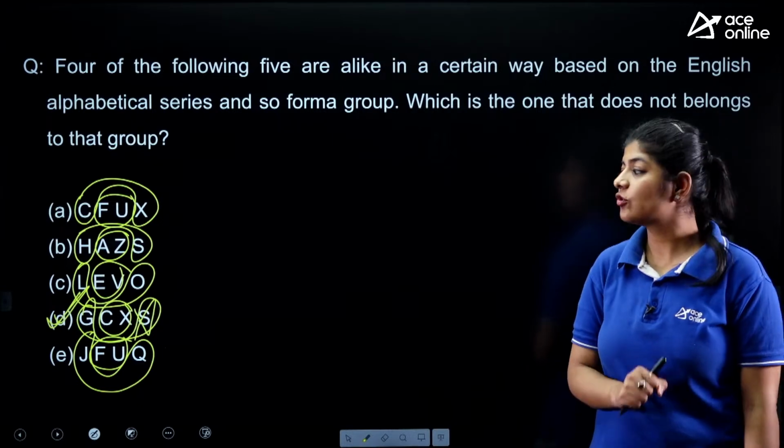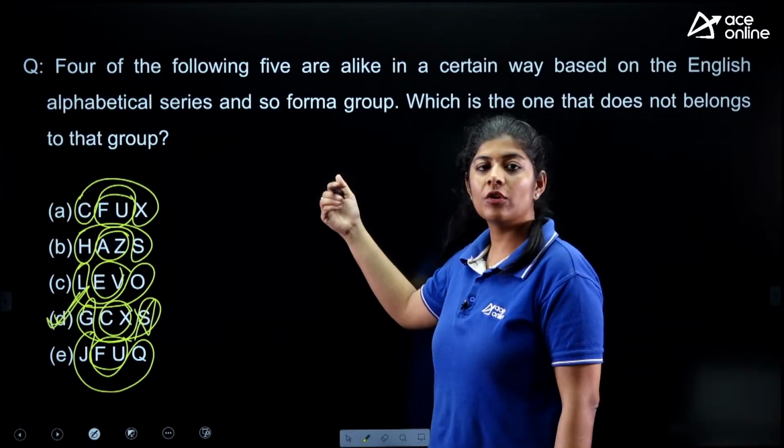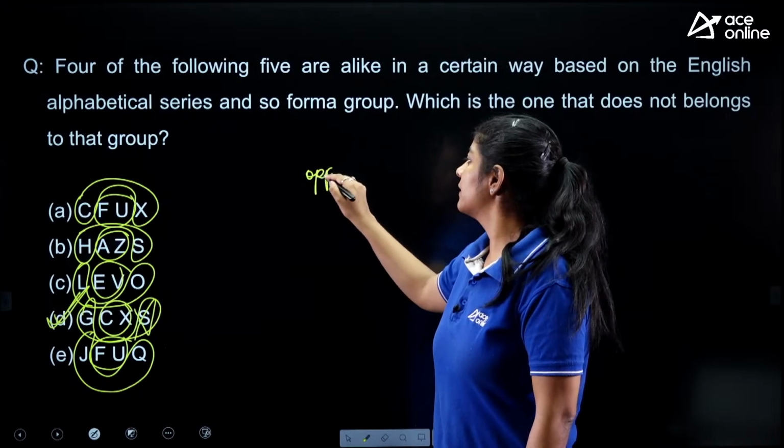The correct answer over here is option number D. Here you have a concept of opposite pairs.